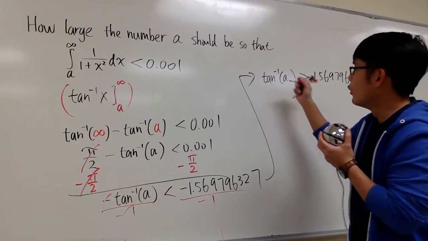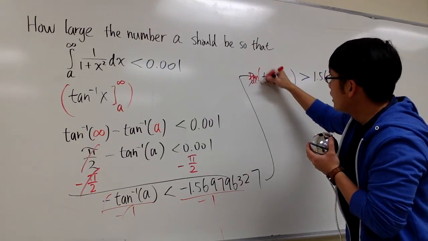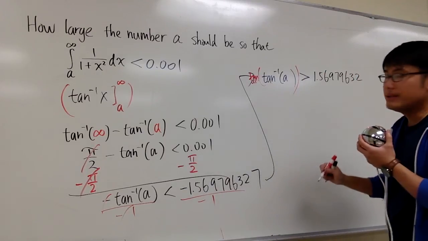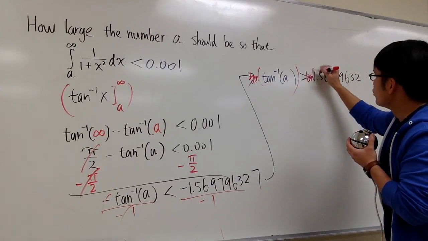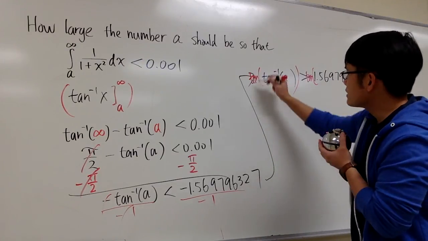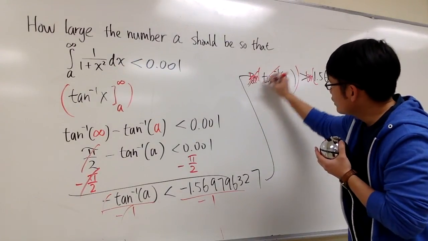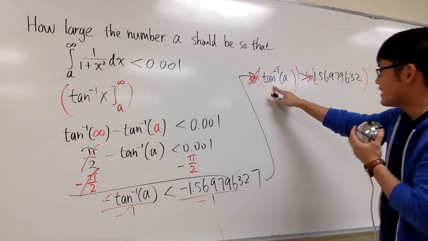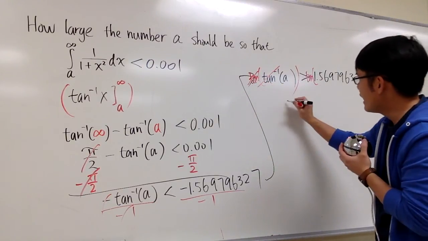To solve for a, we apply the regular tangent. And then you have to be careful with this kind of inequality. The tangent and the inverse tangent cancel each other out, and we get a.